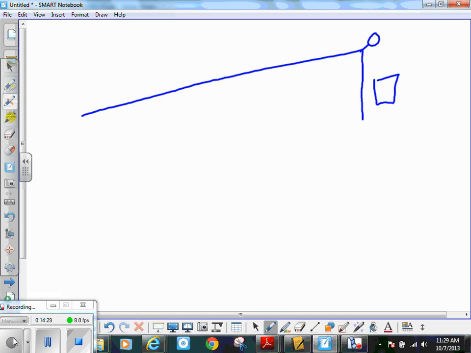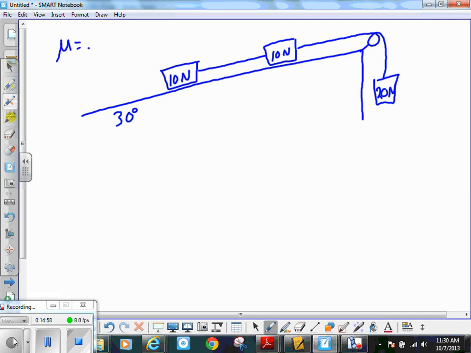We have a 20 newton weight, another 10 newton weight, and another 10 newton weight, and we'll just say 30 degrees again, and we'll say that our coefficient of friction here is 0.222. My question is then, what is the acceleration of the system and what are the two tensions?